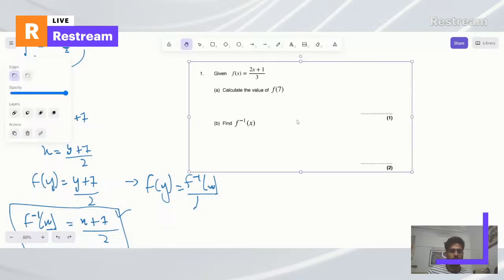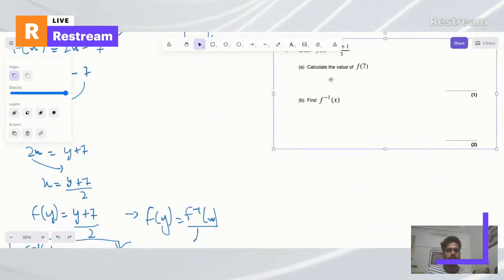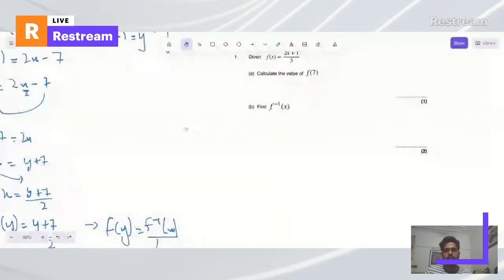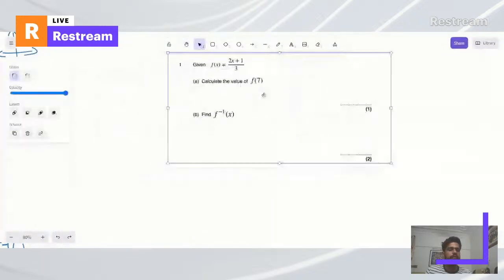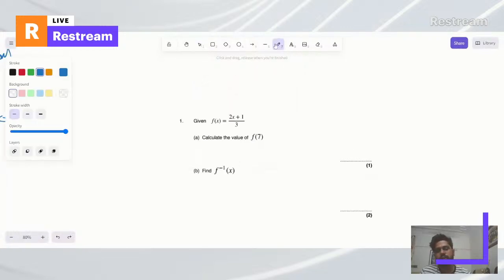So guys, it's not that difficult of a topic, so just take it easy. Now see this question. It's a pretty simple question. It has given you an equation, and what they're asking you is to find the value of f(7). So what does it mean by that?